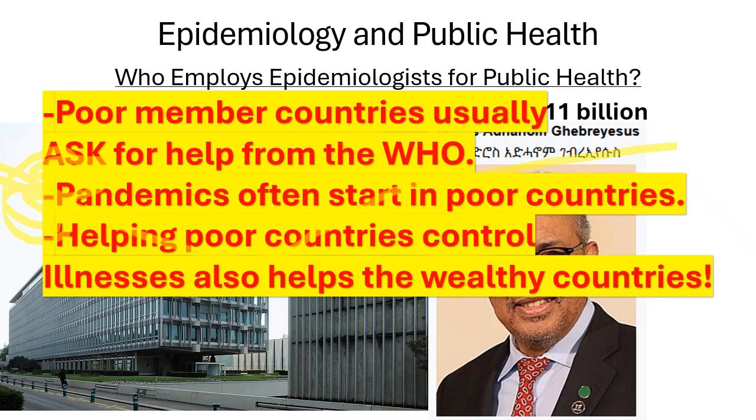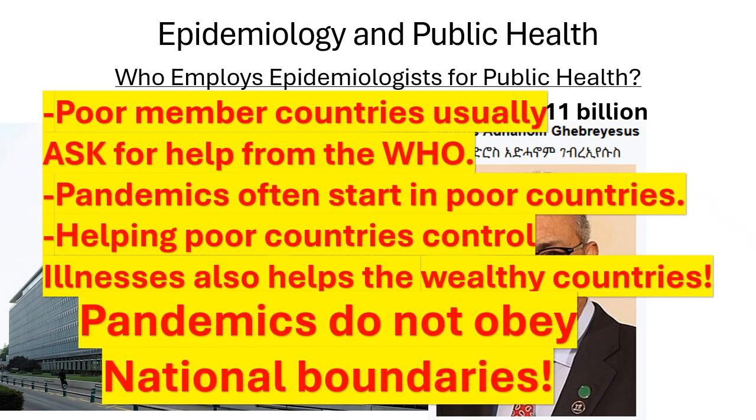That's one of the main things that the World Health Organization does. And because diseases don't respect national borders, it makes sense for the wealthy countries to pay to stop epidemics when they start in the poor countries, because then that prevents them from spreading to the wealthy countries. So pandemics do not obey national boundaries.